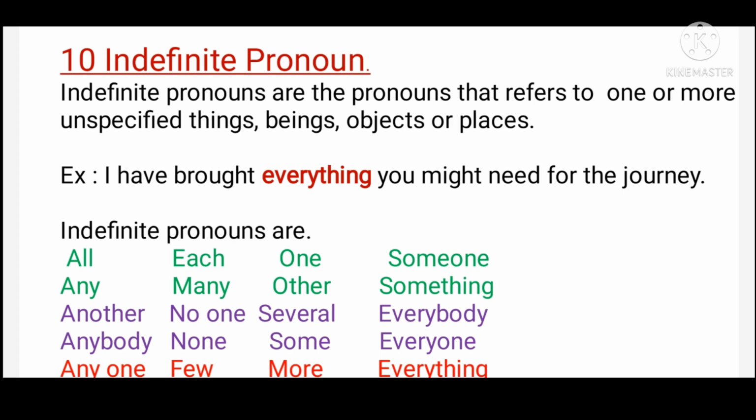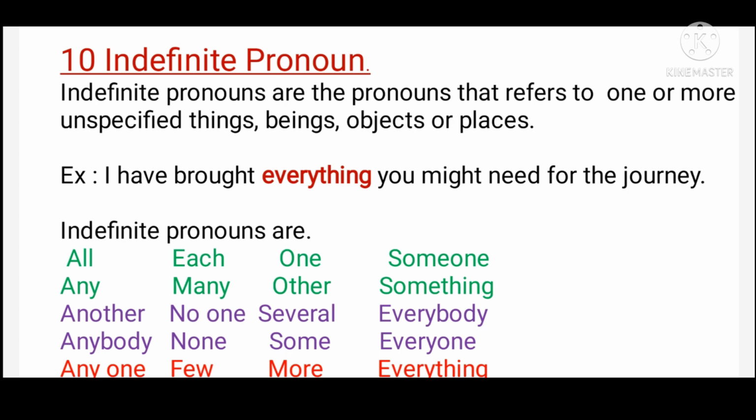Here, the highlighted word everything is an indefinite pronoun, where we cannot understand what exactly that particular word refers to. So that is how it is known as the pronoun which refers to one or more unspecified things. Everything refers to unspecified things. Now, he has brought everything means everything that does not refer to a specific thing. That is how it is indefinite pronoun.